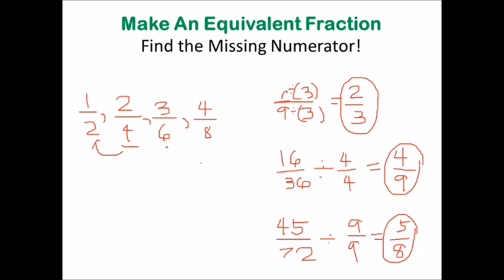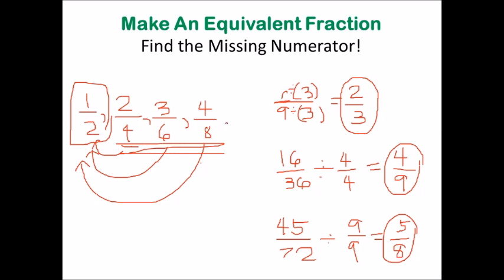The lowest term of 3 over 6 is also 1/2, and the lowest term of 4 over 8 is also 1/2. So meaning, this is the lowest term of these three fractions. And if you add another equivalent fraction of 1/2, you'll get 5/10, which is also equivalent to 1/2, or the lowest term is 1/2.